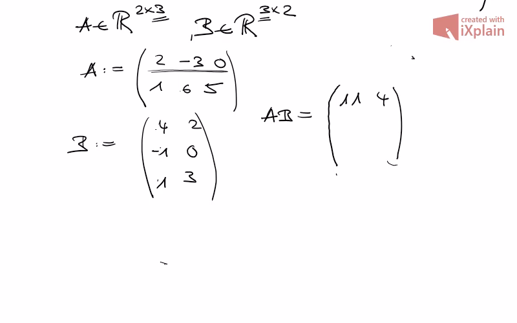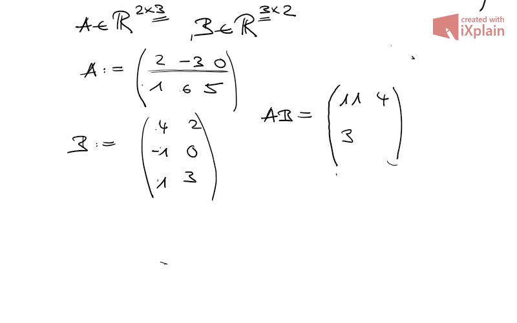And then once you have the first row of your matrix product computed, you go on with the second row of A and do that again over all columns of B. So you now rotate 1, 6, 5 in your head, overlay it with 4, -1, 1, evaluate the products and sum up, and get 3.